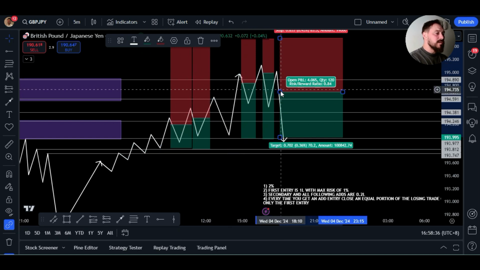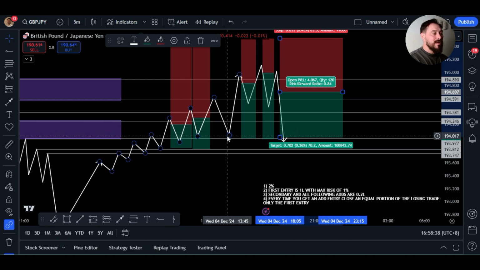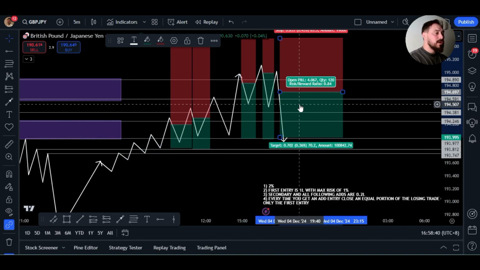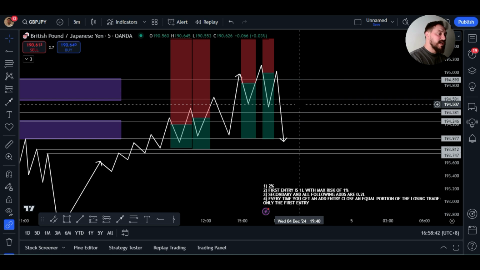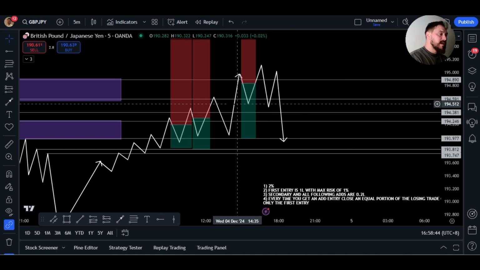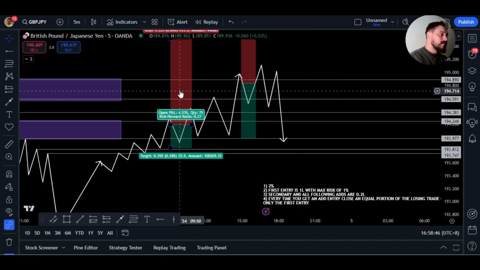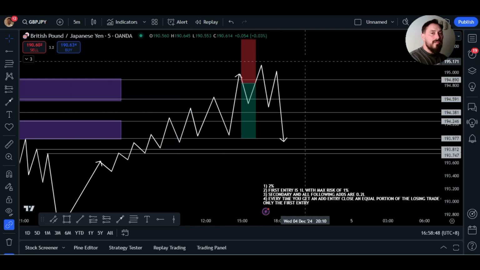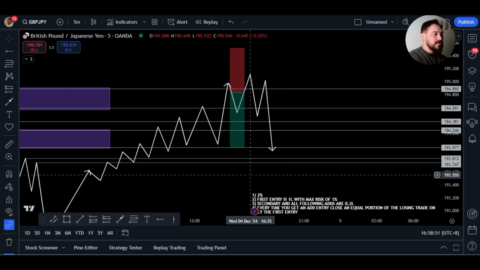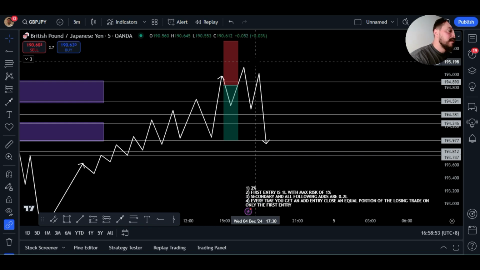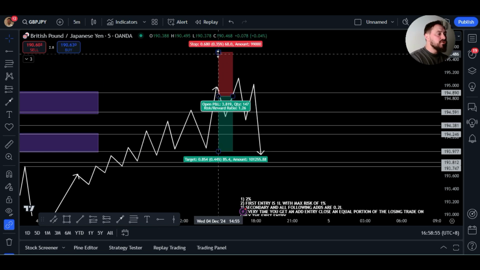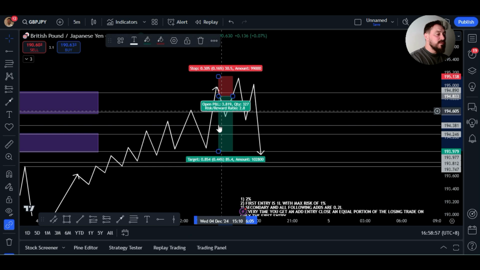And as this starts to come down and it breaks primary liquidity, we can close this trade out, this trade out, this trade out, and this trade out, all for a profit, probably netting you somewhere between 1 and 2%. And then we keep at least one trade on because we finally pulled a primary liquidity level.